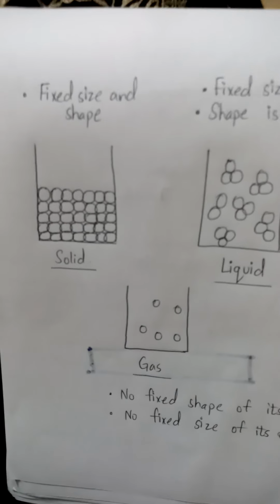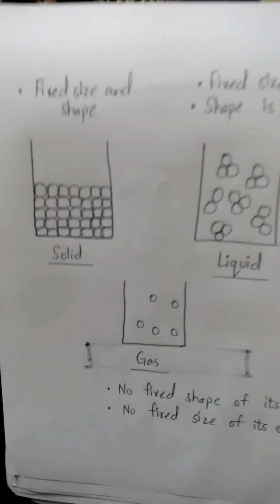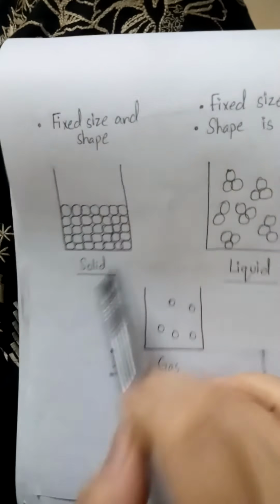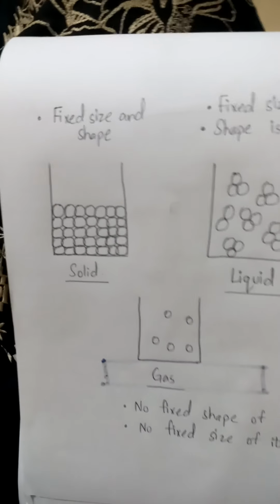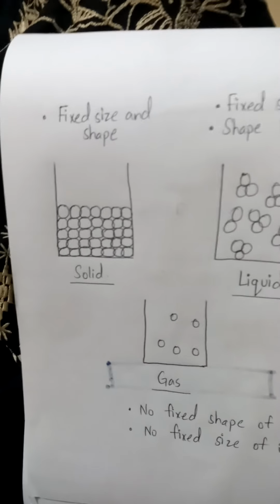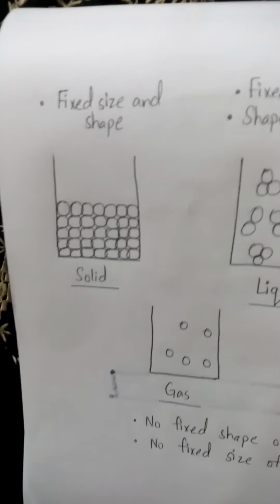Because it has broken down. So do not confuse these things with the actual concept of the properties of solid. That is completely a different thing. Whenever we are talking about the properties of solid, the two important things that we should remember are that they have fixed shape and fixed size, right?